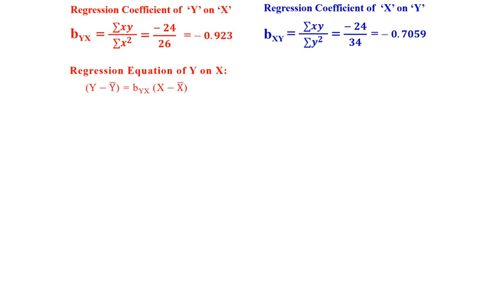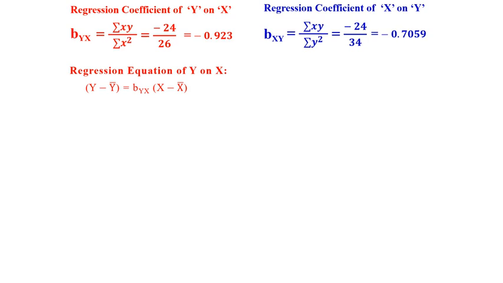You don't write y bar, we know. While calculating the small x, small y, we have already calculated y bar is 9. Substitute 9. byx already computed above is minus 0.923. X you write as it is. X bar is 7, minus 7 you write.